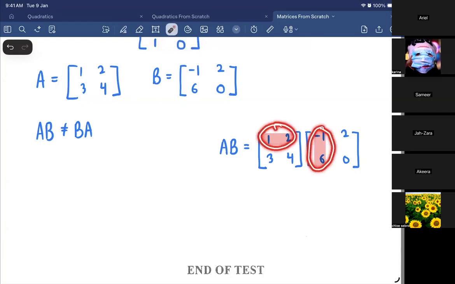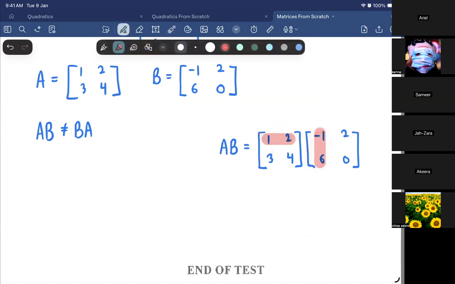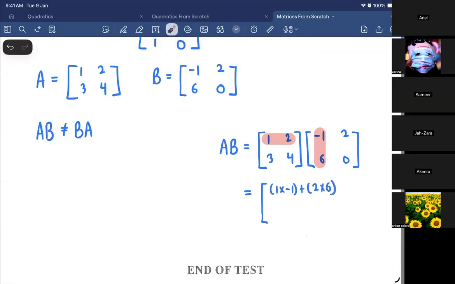What is the first element here? Negative 1. So you're going to multiply 1 by negative 1, and then 2 by 6. Exactly right. So that would be 1 by negative 1 plus 2 by 6. So you multiplied all the elements in this row by this column.